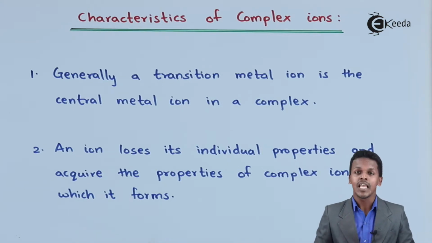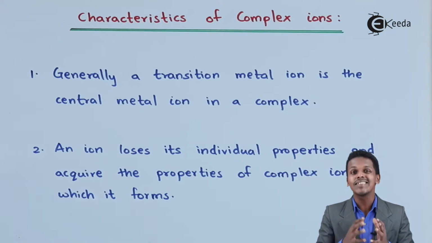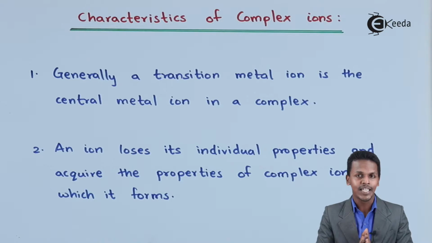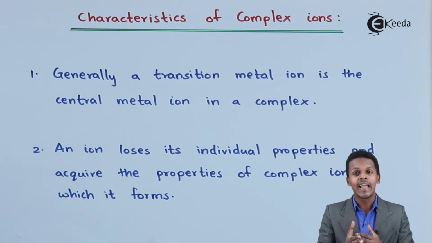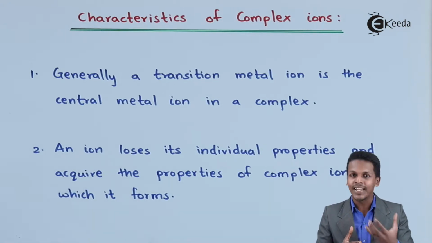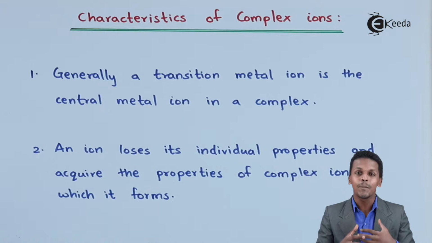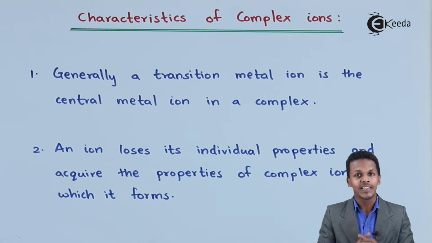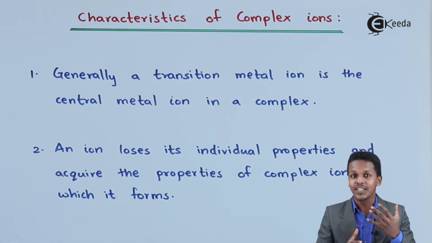The reason is the d-block elements, for example iron and cobalt, have variable oxidation states. That's the reason they can have unpaired electrons, and they can accept many ligands' lone pairs of electrons in their orbitals, which makes the transition metal form a better complex compared to the others.